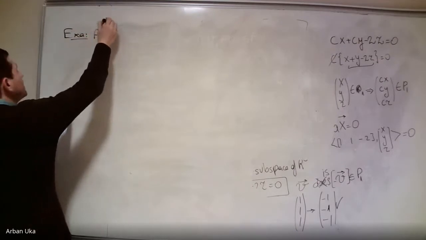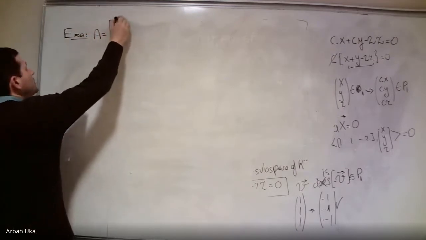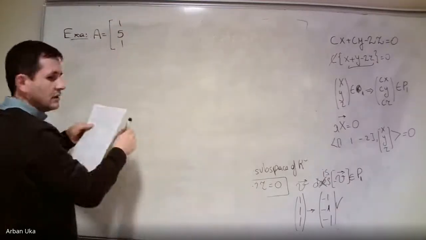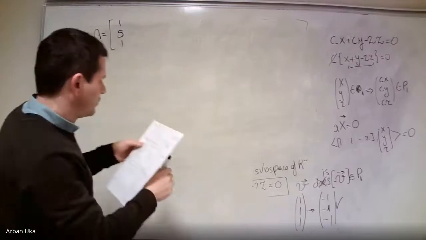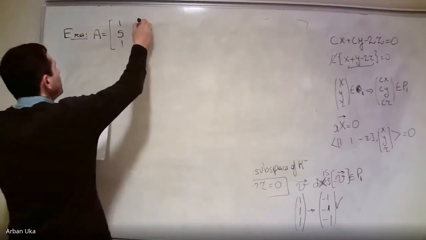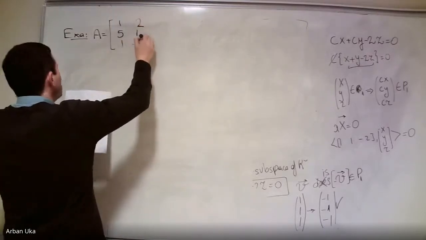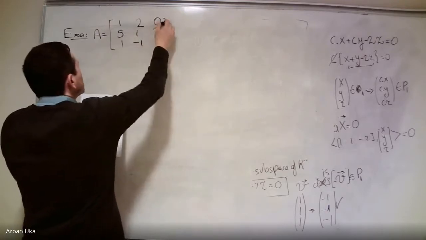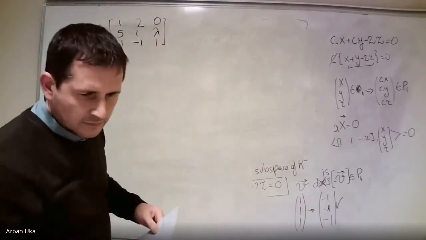assuming that we have a matrix A, which is 1, 5, 1, 2, 1, minus 1, 0, lambda, 1.